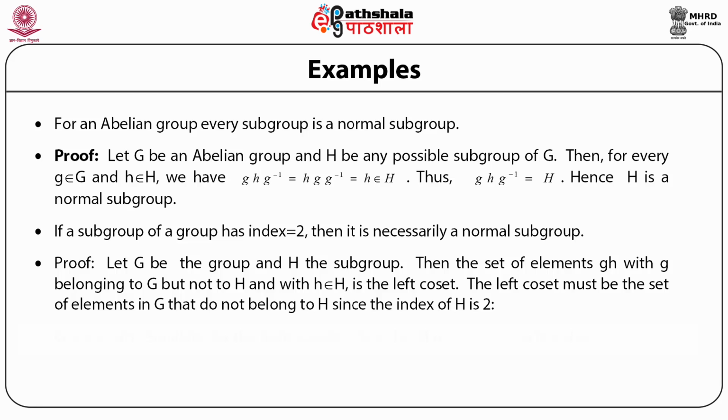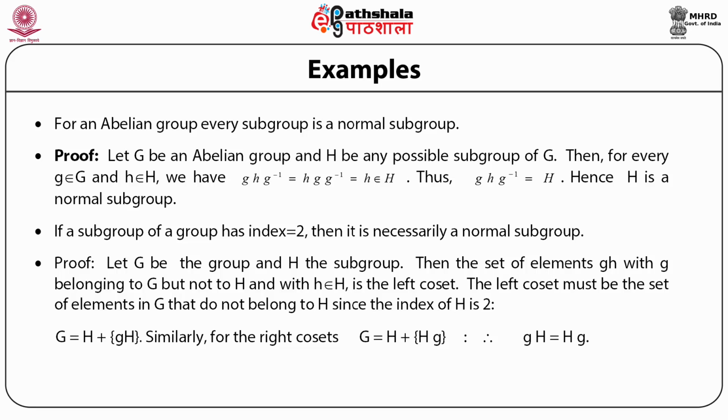The left coset must be the set of elements in G that do not belong to H, since the index of H is 2. Therefore, the group G is equal to H plus the coset gH. Similarly, for the right coset, the group G can be written as the subgroup H plus the coset Hg, and gH is equal to Hg.